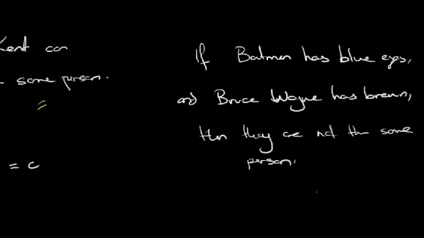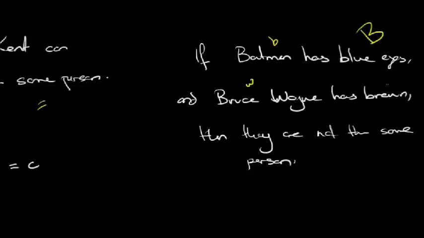Okay, so here it makes a bit more sense, I guess. So we say that small case b is Batman, and lowercase w is Bruce Wayne. Then we want to say, and let's say that's blue eyes.